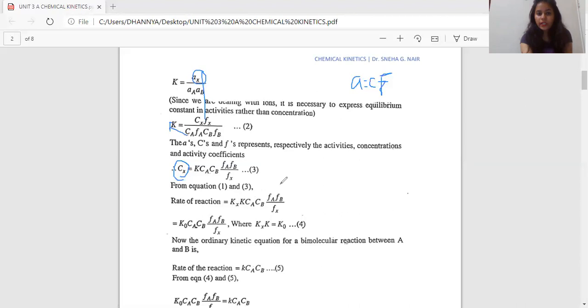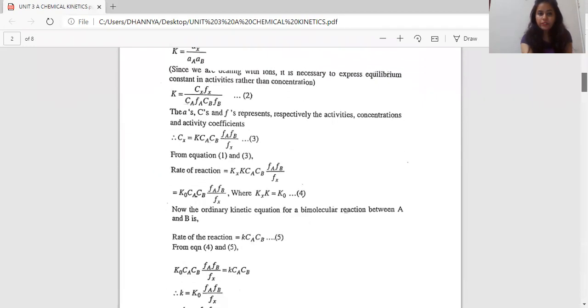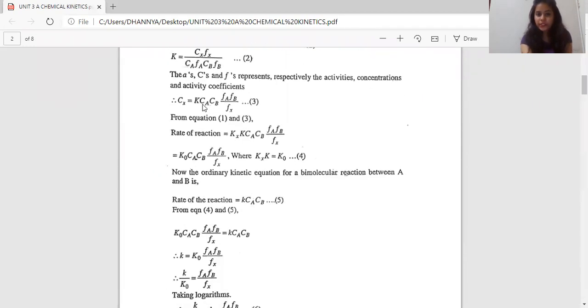We have already obtained the value of CX, so we can substitute it into the above equation for the rate of reaction, which was Kx into CX. Substituting the value of CX in equation number 1, it turns out to be Kx into K, CA into CB, FA into FB upon FX.